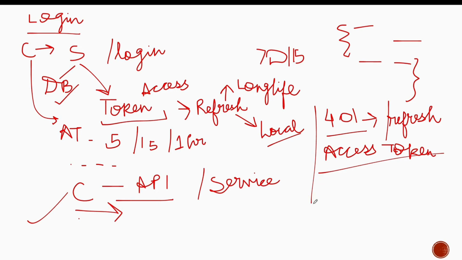This way the client does not have to log in to the server again. So this is a seamless session: it doesn't have to go and log in to the page again. The refresh token is provided and the new access token is generated. No need to log in again.